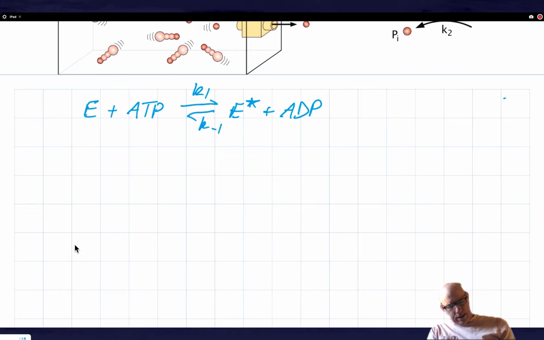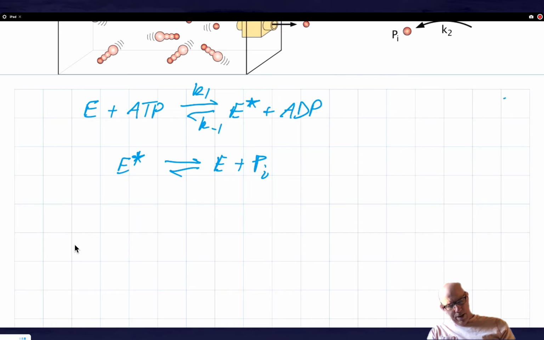Then there's a second reaction, E star goes to E plus PI.